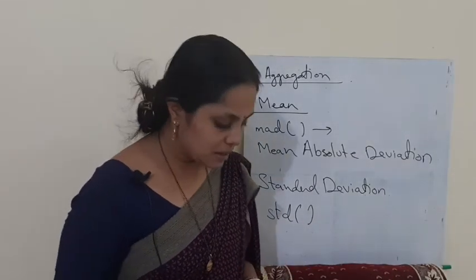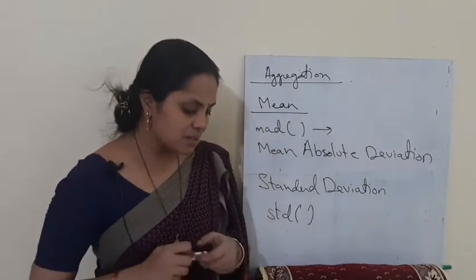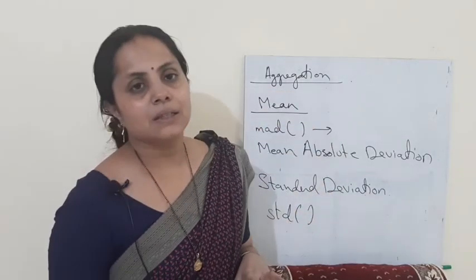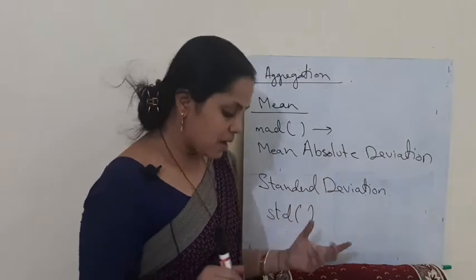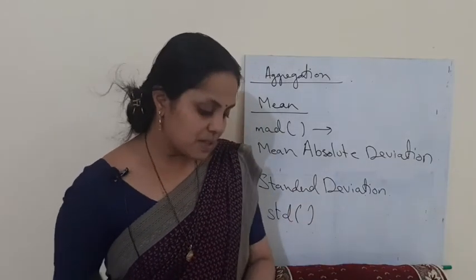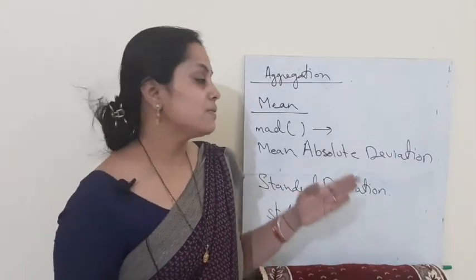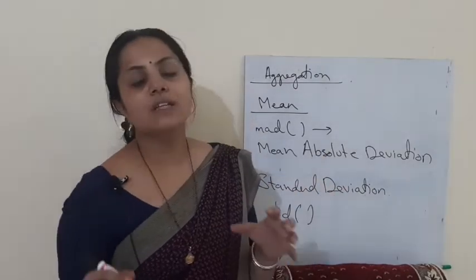What is standard deviation? Standard deviation is the difference of the members of the data set from the mean of the group.